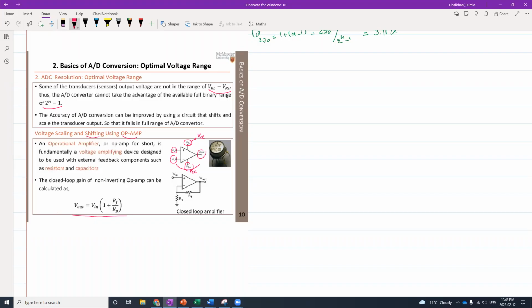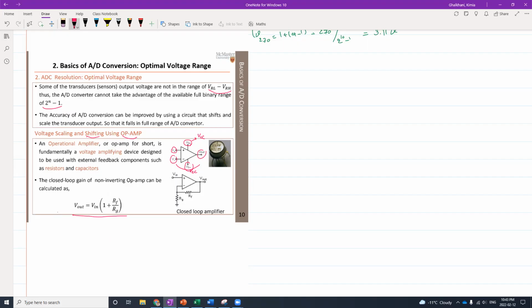So it's generally the ratio of output voltage over the input voltage. So the output voltage is going to be a result of the input voltage times this resistance ratio. Now, let's analyze that in more detail.